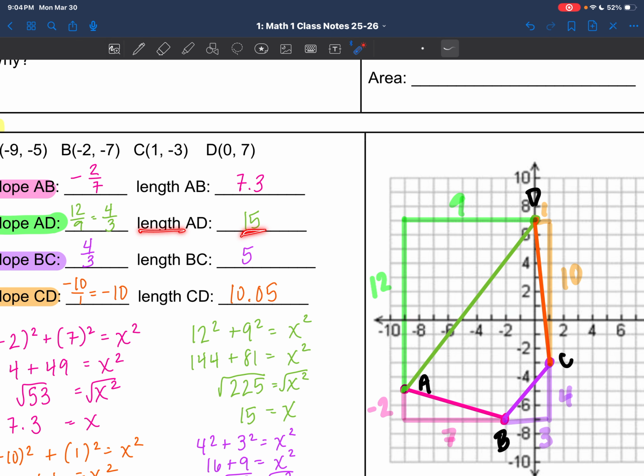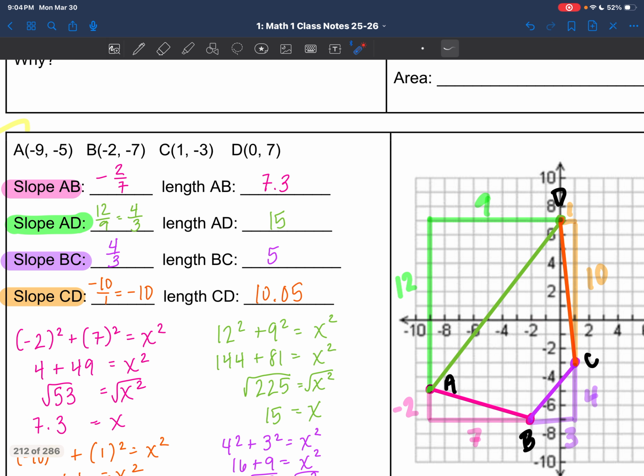Now, to get the length, this is where you're going to do a squared plus b squared equals c squared using these measurements. All right, so that's what I did right here. This is 12 squared plus 9 squared equals x squared. Go ahead, plug those in, and I'm going to just substitute those even though they're positive, so it doesn't matter necessarily in this case, but just to be consistent.